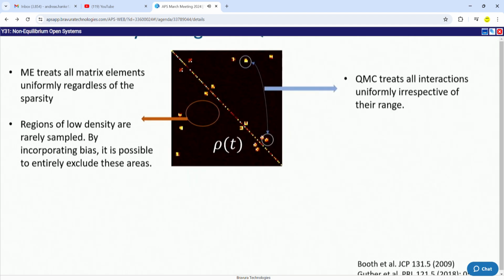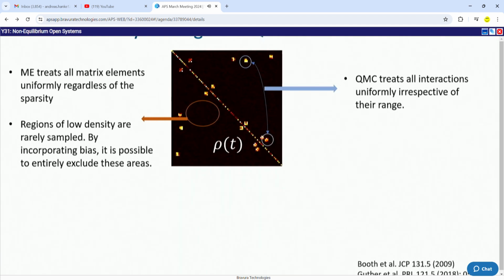Also, even though this may not be a very accurate representation, quantum Monte Carlo does not really care about the range of the interactions. So all of the interactions, regardless of range, can be treated uniformly in the QMC framework.